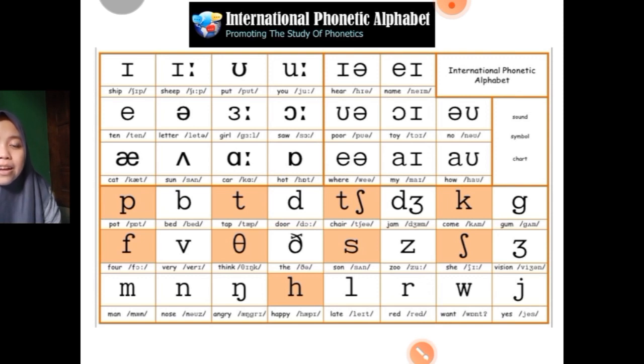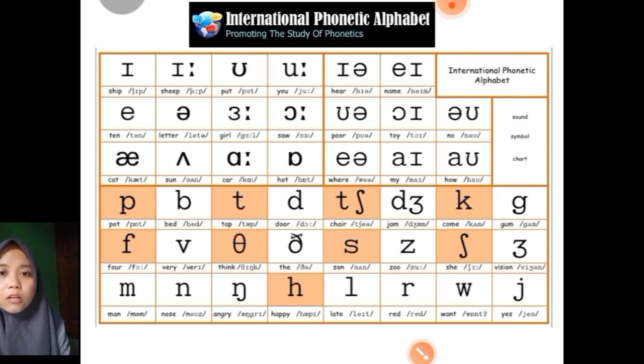After that is a short vowel, and the word for it is sun. And then is a long vowel, and the word for it is car. And the last is a short vowel, and the word for it is hot.